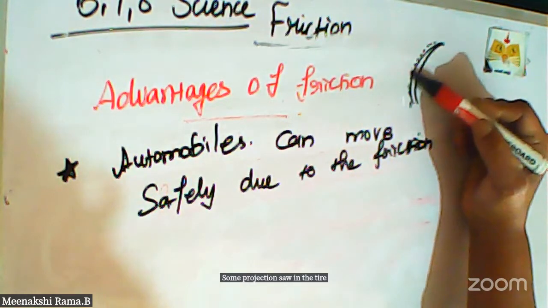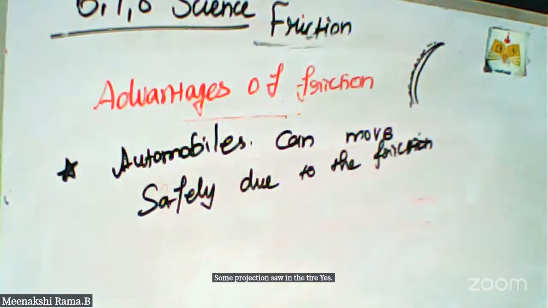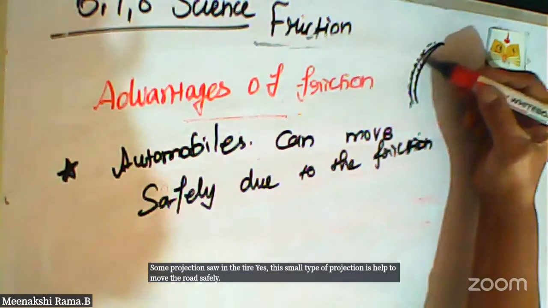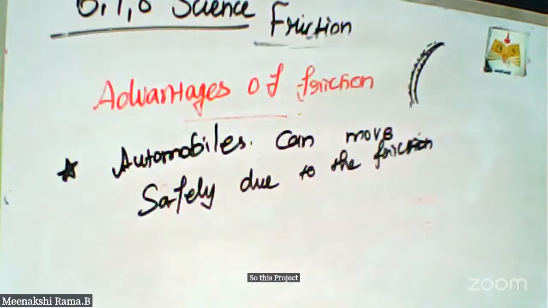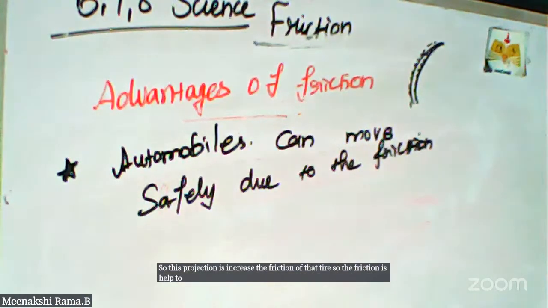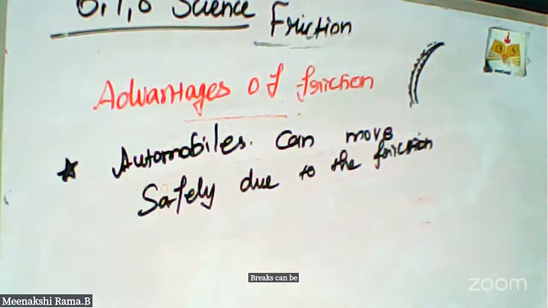This small type of projection helps to move on the road safely. So this projection increases the friction of the tire. So friction helps to move easily. So automobiles can move easily due to the friction between the tire and the road. Brakes can be applied due to frictional resistance.